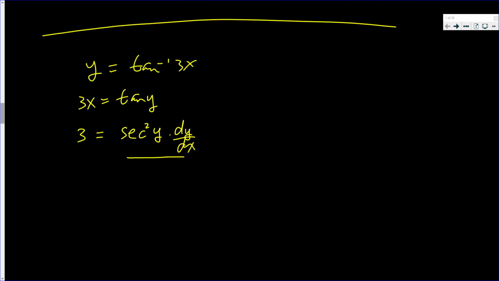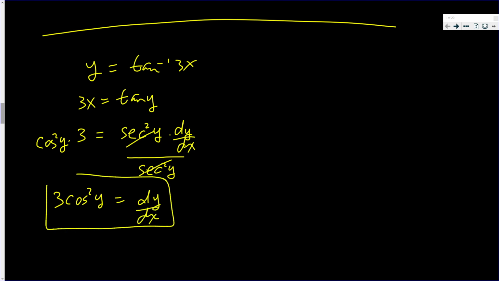So divide the left side by secant squared y, but that's the same as multiplying the right side by its reciprocal. So we get 3 cosine squared y is equal to dy dx. And we just have to find out what cosine squared y is.